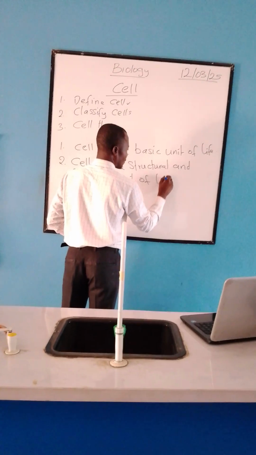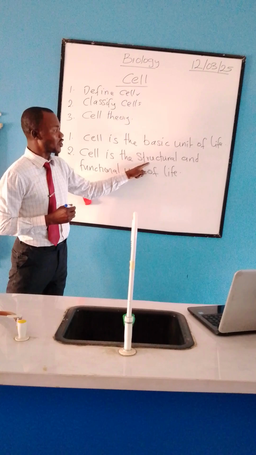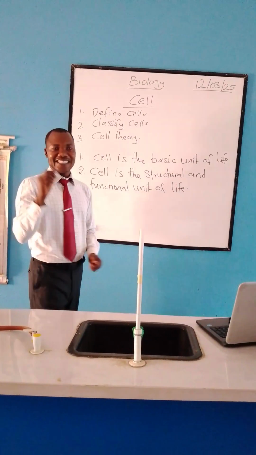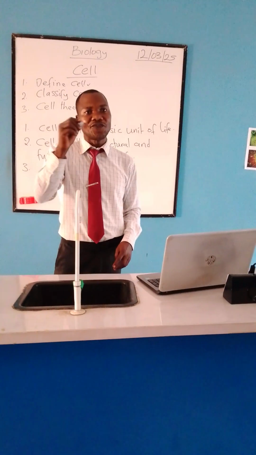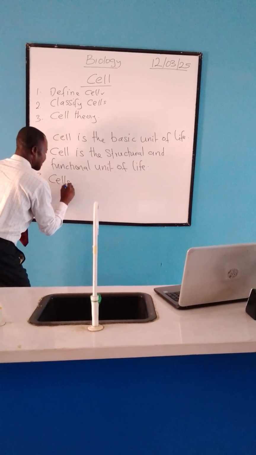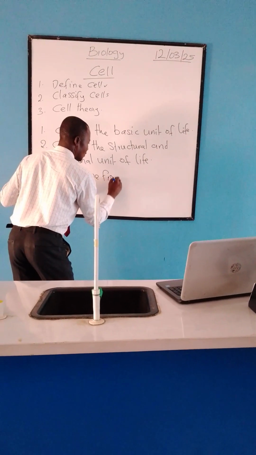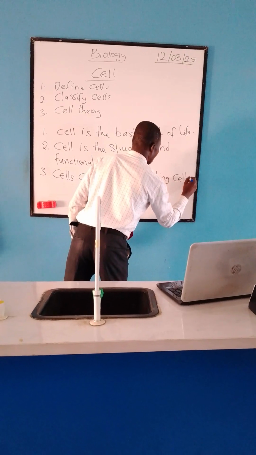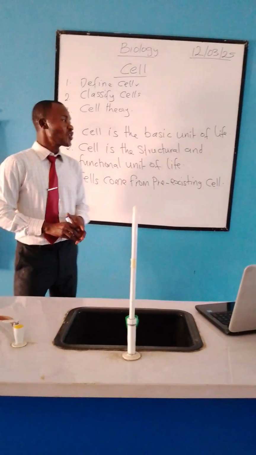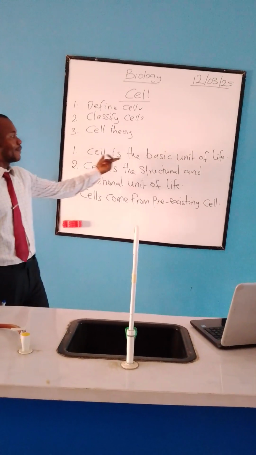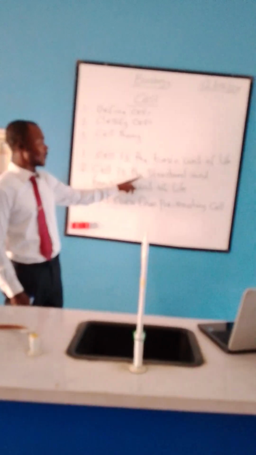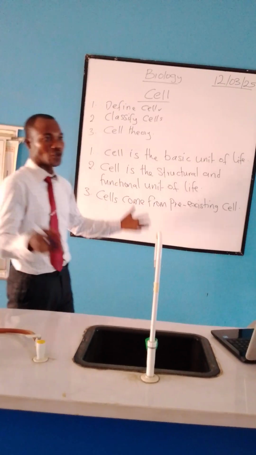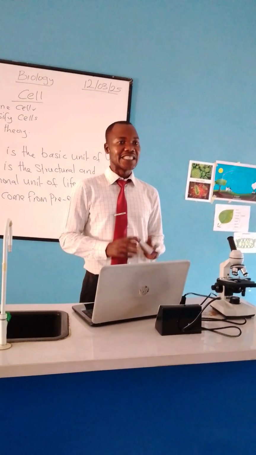Then lastly, number 3, all cells come from pre-existing cells. So these are the 3 basic points of the cell theory. Number 1, cell is a basic unit of life. Number 2, cell is a structural and functional unit of life. Number 3, cells come from pre-existing cells. You should be able to state them anytime you are asked to state the cell theory. Is that clear?